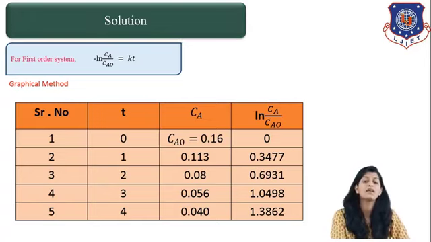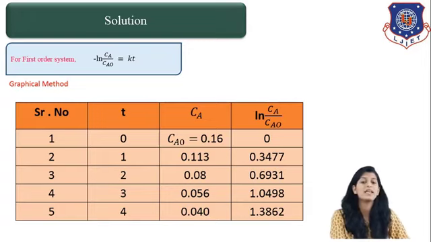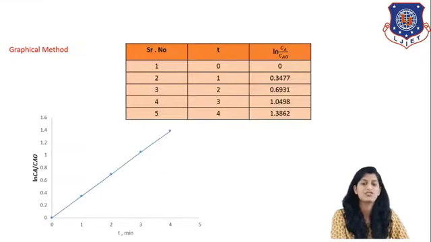It will be 0.3477 for time equals 1 minute. For time 2 minutes, it will be 0.6931, and for time 3 minutes it will be 1.0498, and correspondingly for 4 minutes it will be 1.3862, right.